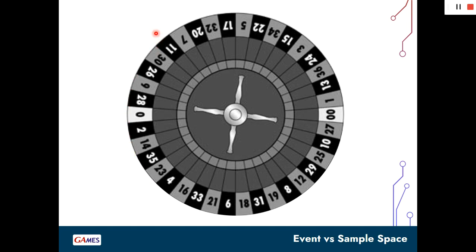Now let's check holes that are even but not black. So you can note down eight holes that are black but not even. Note it down. Then let's check holes that are even but not black.